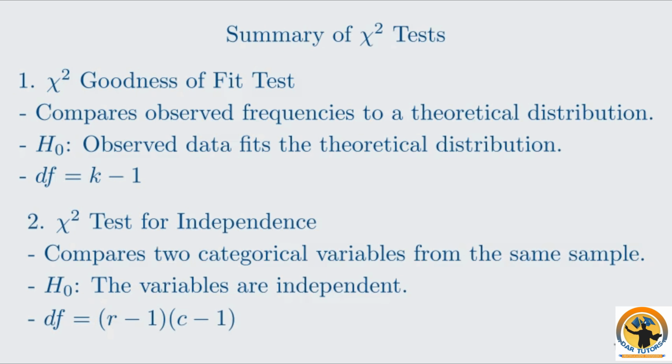We use it to see if a model like a fair die or a specific ratio is a good fit. The degrees of freedom is the number of categories minus 1, or minus 1 for every parameter estimated. The test for independence is for contingency tables, helping us decide if 2 variables are related or not. Its degrees of freedom is the number of rows minus 1 times the number of columns minus 1.